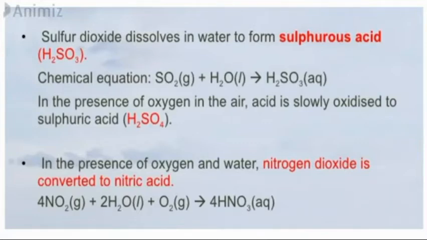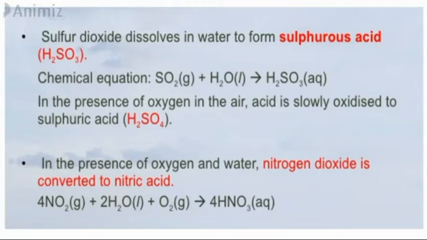Now we learned that sulfur dioxide and nitrogen oxides react with water and oxygen. Now let's see how the reactions take place. Sulfur dioxide dissolves in water to form sulfurous acid, which is H2SO3. Then in the presence of oxygen in the air, the acid is slowly oxidized to form sulfuric acid, which is H2SO4.